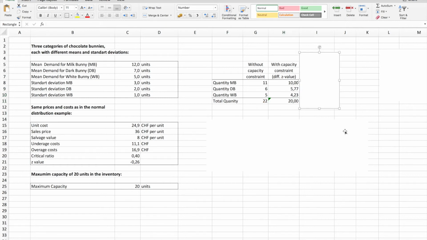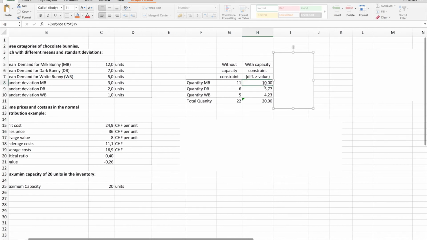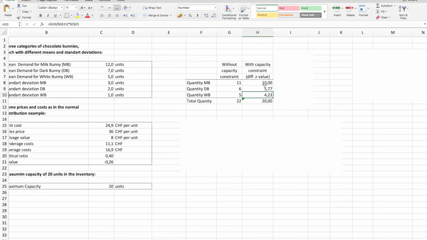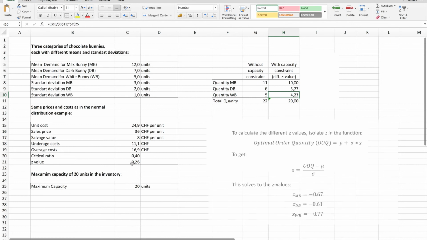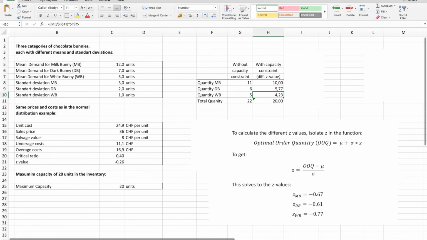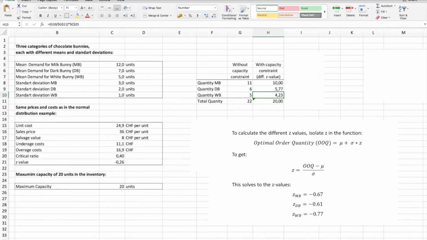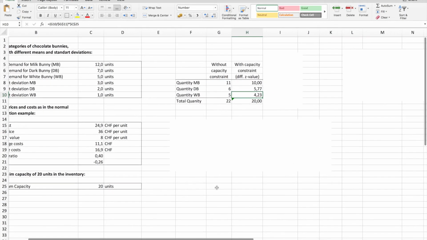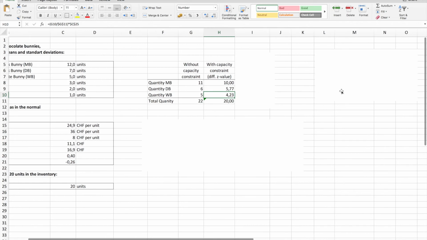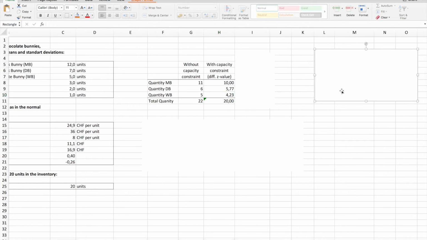However, what we don't take into account is that now all the different optimal order quantities have different Z values. This would be wrong, given that the Z value is based on the critical ratio, which is the same for all bunnies. So even with the new numbers, the Z values need to be identical for all three different chocolate bunnies. So to get values which all have the same Z value, we need to get a bit complicated and use a more complex method.